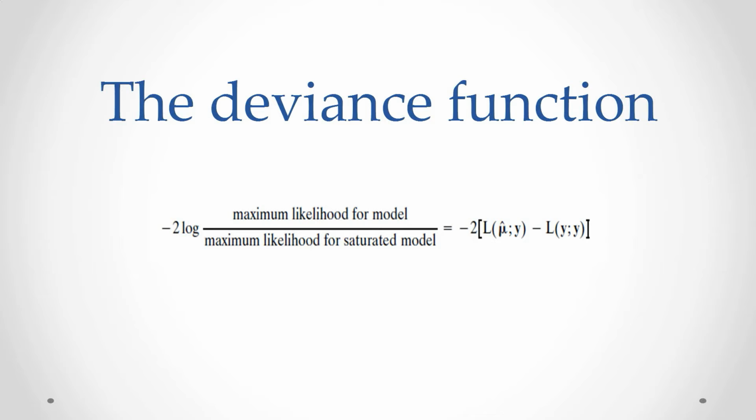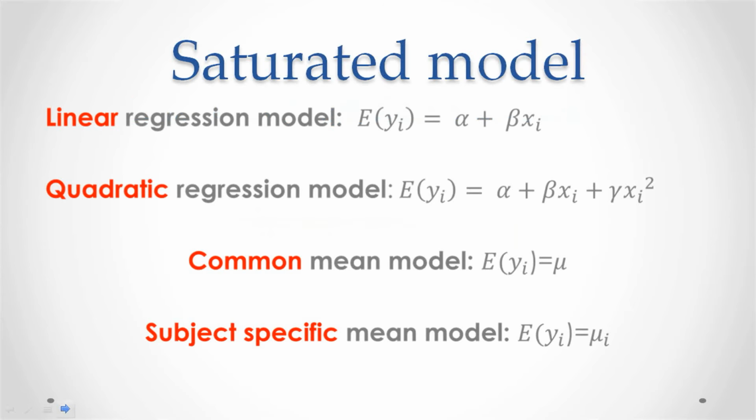The second is similar, but it appears that I have replaced mu hat by y. That is, I have fitted a model which returns y as my estimator for mu. This is the idea of a saturated model. So let us look at it in slightly more detail.